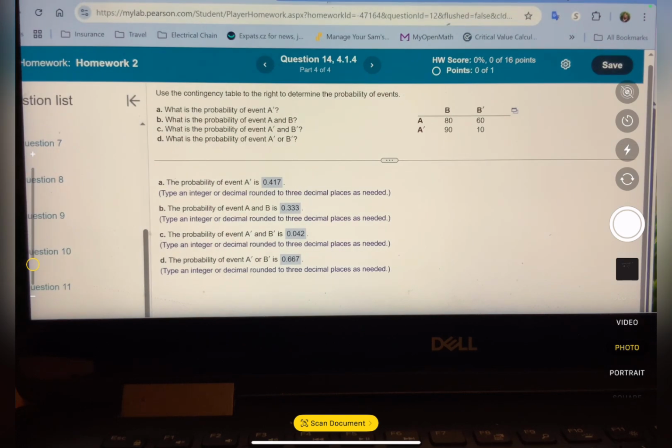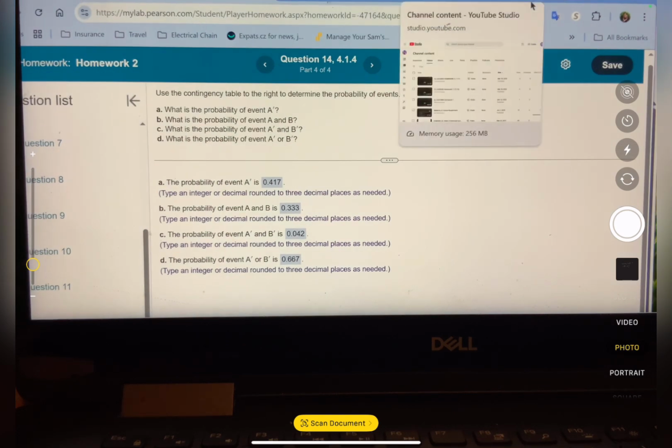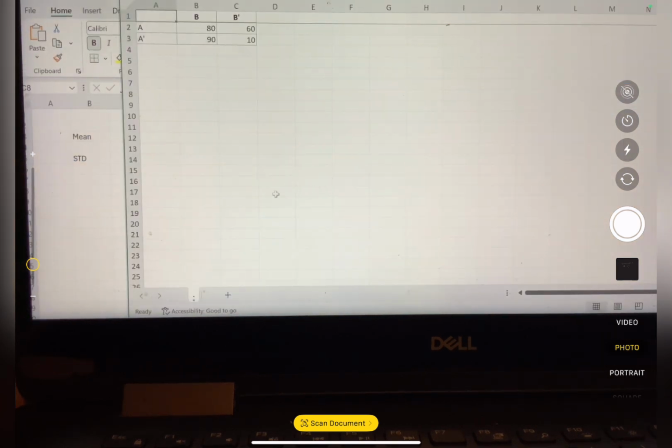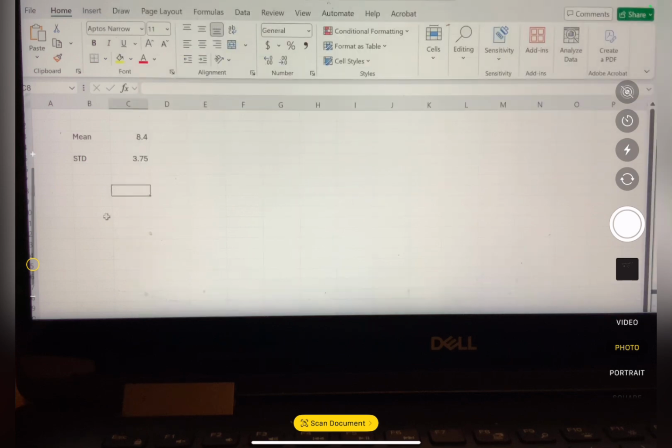So here we are going to deal with probability. All right, so most likely we will go with an Excel spreadsheet. Let me close this one.